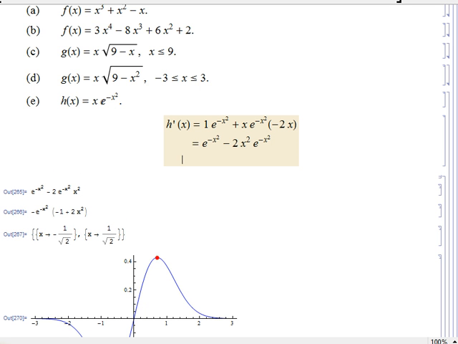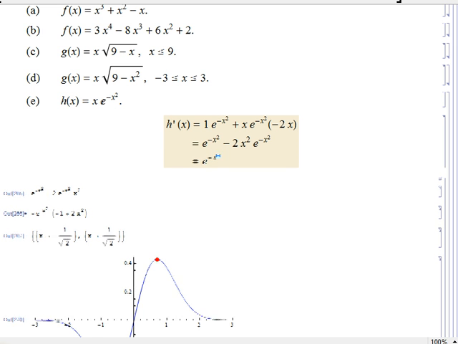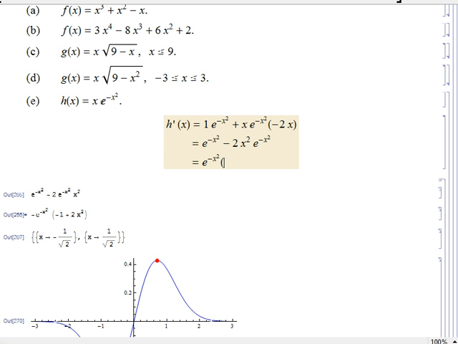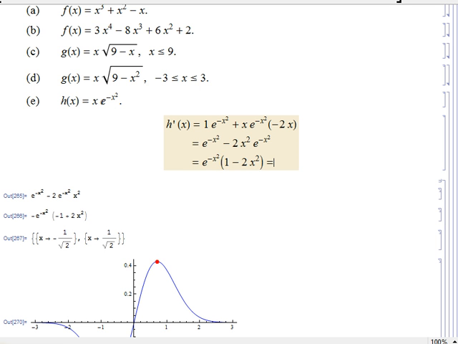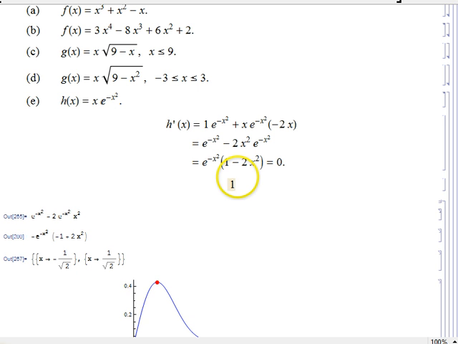Setting this one equal to 0, actually before setting that equal to 0, I can factor this exponential. I did that because I'm going to set this one equal to 0, and if you set something equal to 0 and solve it, factorization is usually the key. Now, exponential is never 0, so this one has to be 0, so we get a smaller equation.